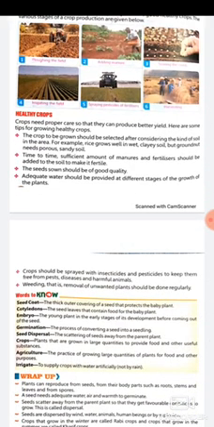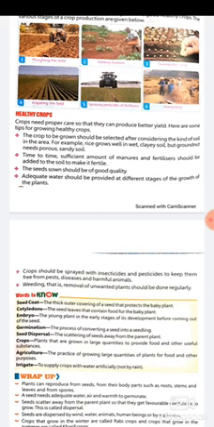Now, let's discuss some healthy crops. Crops need proper care so that they can produce better yield. Here are some tips for growing healthy crops. Number 1, the crops to be grown should be selected after considering the kind of soil in the area. For example, rice grows well in wet, clay soil, but groundnut needs porous, sandy soil.